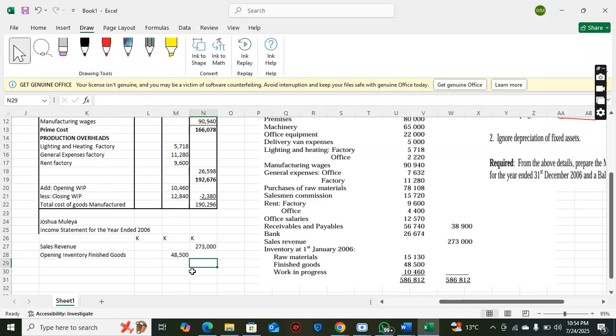What next? 1st January 2006, finished goods. It's the opening inventory.